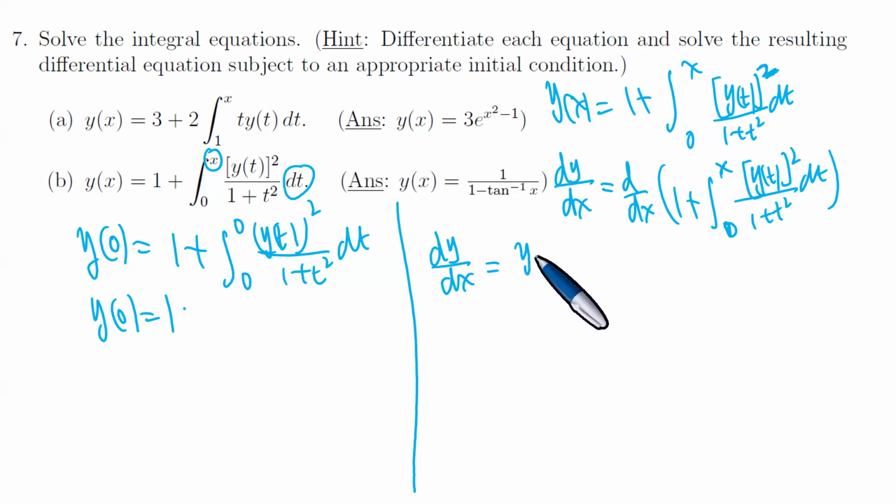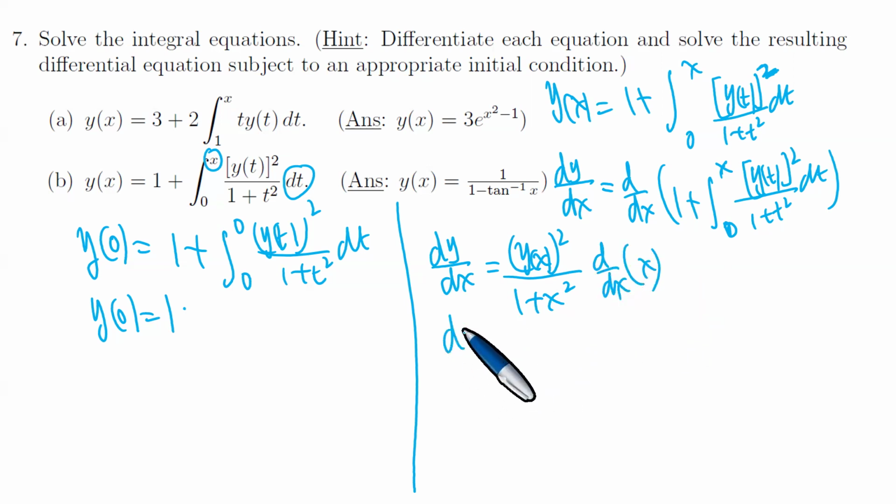So now you then have y of x squared, you have 1 plus x squared, and then you have d dx of x. The derivative of x is 1.